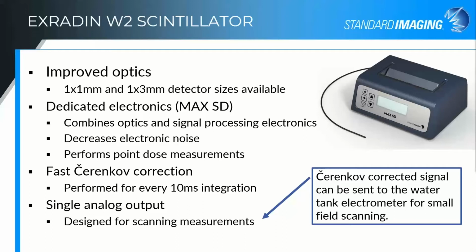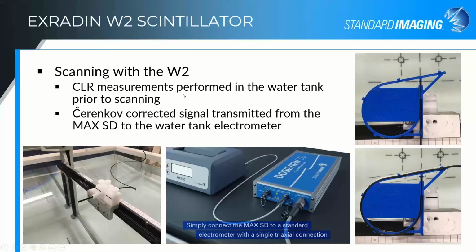Every 10 millisecond integration, it will apply the Cherenkov correction, and it can convert that corrected value to a single output current, an analog output that can be sent then to your water tank scanning electrometer if you're scanning with the W2. So this is really an advantage in terms of being able to really characterize your small fields, look at those small field profiles or PDDs.